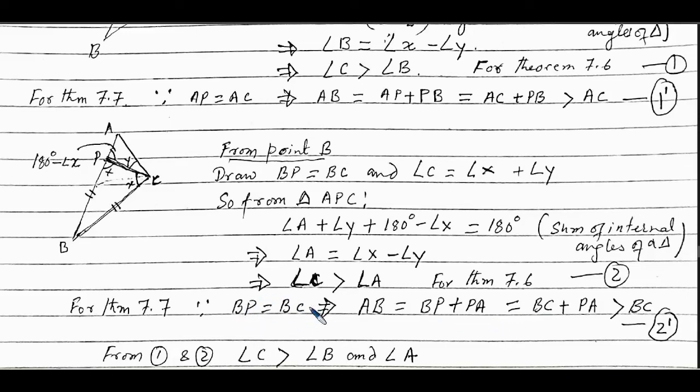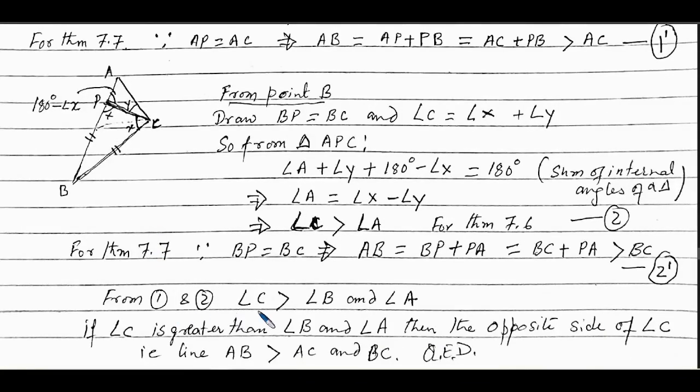Here I have drawn it, I have taken it isosceles. So BC plus PA. So definitely then AB is greater than BC also. So from 1 and 2, we find that angle C is greater than angle B and angle A. So if angle C is greater than angle B and angle A, then the opposite side of angle C, that is line AB, is always greater than AC and BC. That's what we proved.